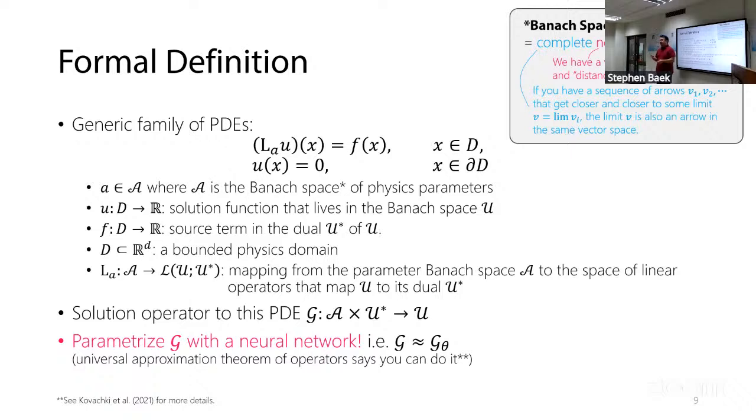Does that make sense? Mathematically speaking, linearity is defined by two things. One is that you can add u and v first and then apply the operator, and that will be the same as applying the operator to u and v separately and then adding them up later, right?